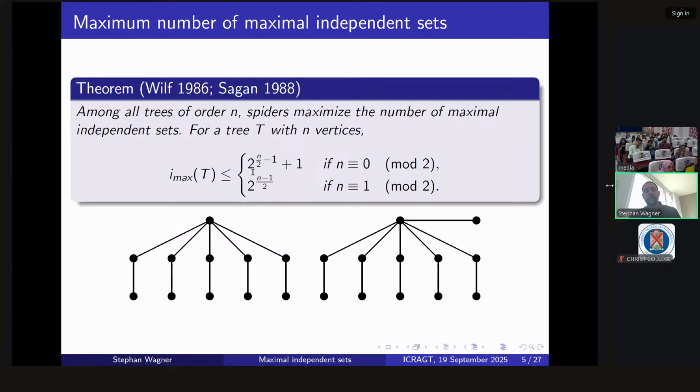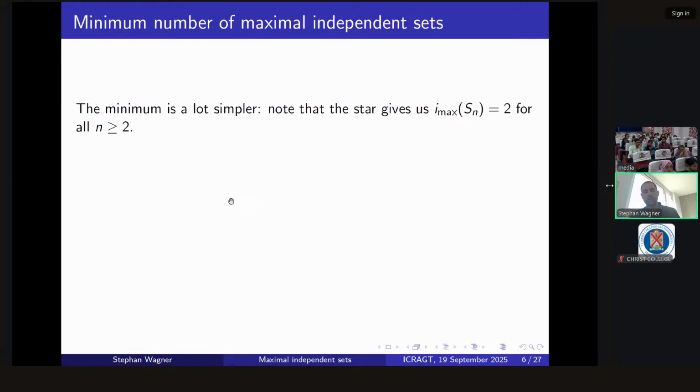Okay, so we know quite explicitly what the maximum number of maximal independent sets is in a variety of graph classes. So we had it for arbitrary graphs, connected graphs, trees. So the maximum is quite well under control. Now, one might also want to look at the minimum.